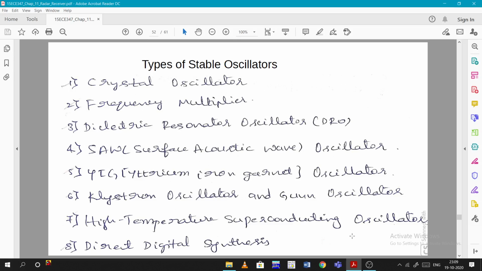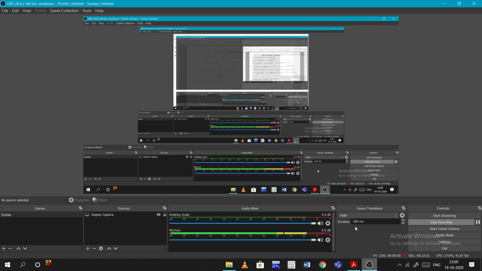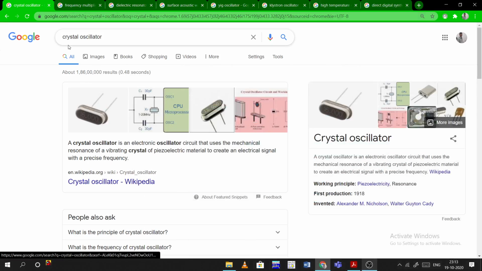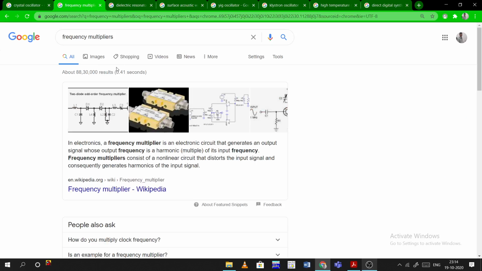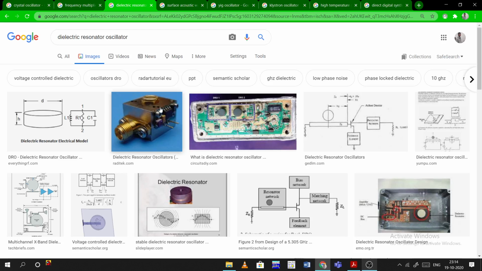Let's see how they look. This is the crystal oscillator, this is the frequency multiplier. Next, this is the dielectric resonator.